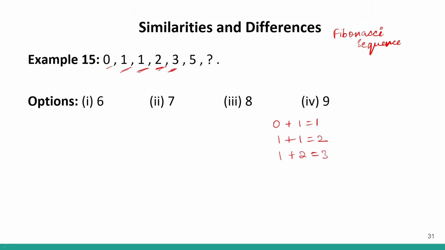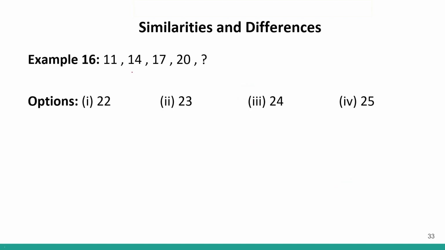This plus this will give me this. 2 plus 3 will give me 5. So this plus this will give me this. So the next element will be 3 plus 5, which will give me 8. So the next element will be 8, which is option number 3. Okay, so this is the concept of Fibonacci sequence in which we add the previous two numbers to obtain the next number.